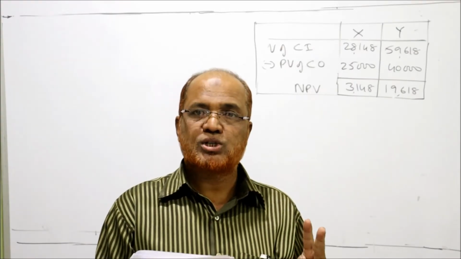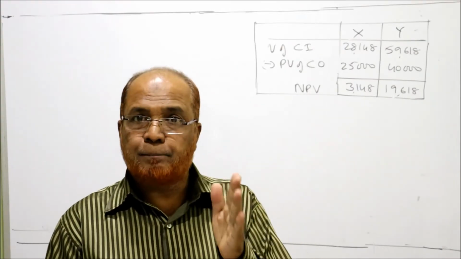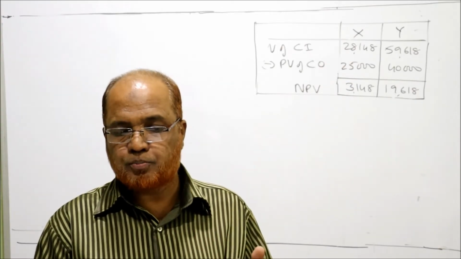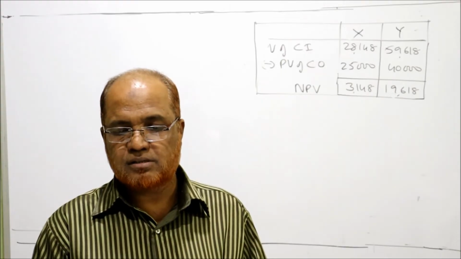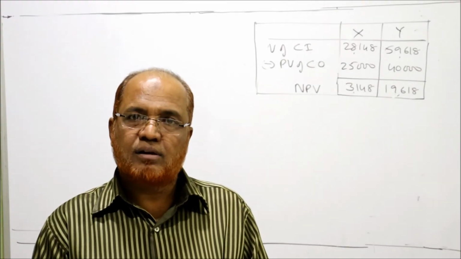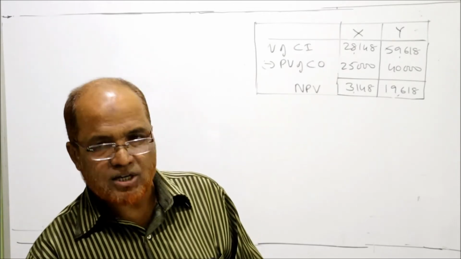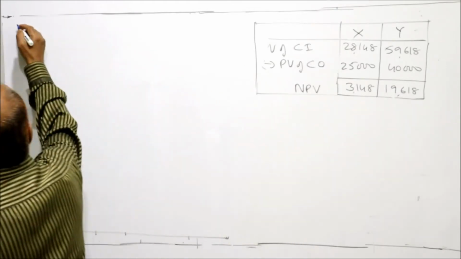So two questions are there. The first is we have to calculate the PI, profitability index, and NPV. Secondly, we have to suggest which project should be accepted on that basis. The cash outflows are given, but the cash inflows are remaining constant.